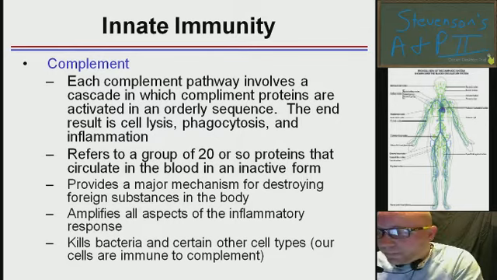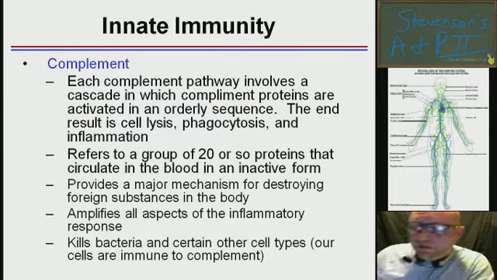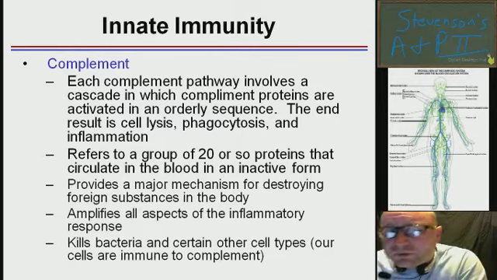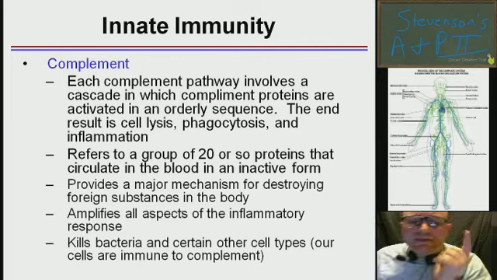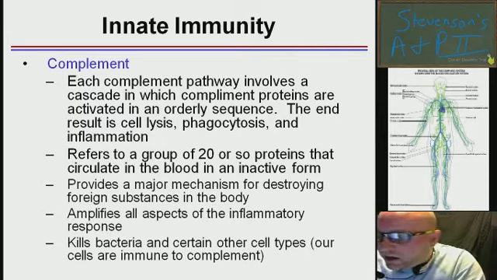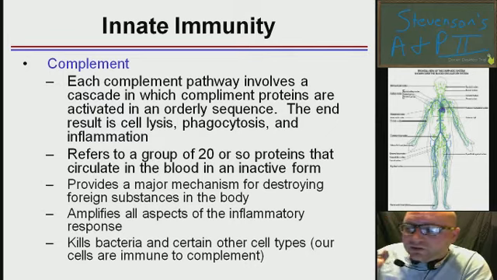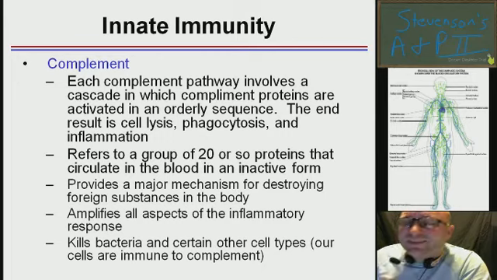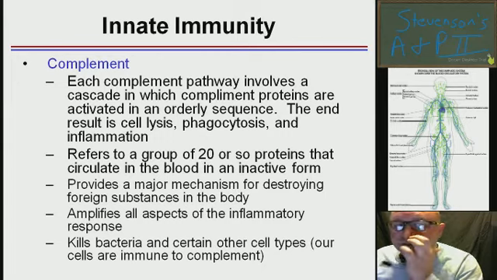The complement system refers to a group of 20 or so proteins that circulate in the blood in an inactive form, but complement provides a major mechanism to destroy foreign substances in the body. The complement system is very, very intricate, and we'll see that here in a minute.